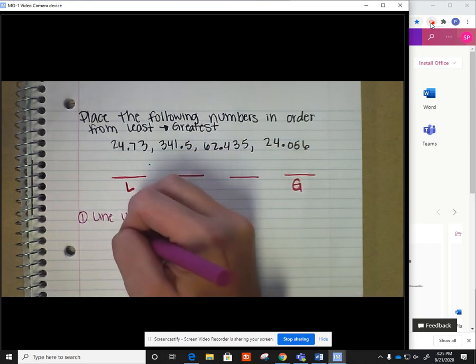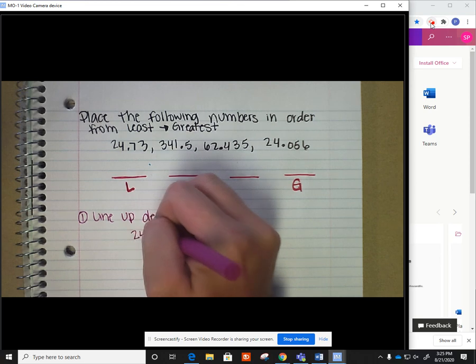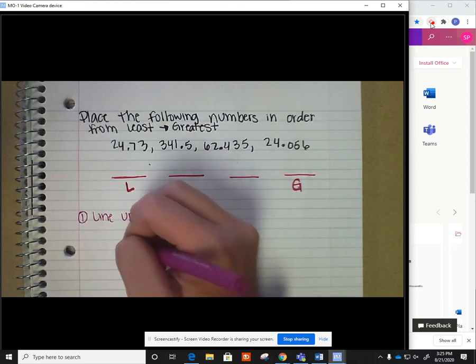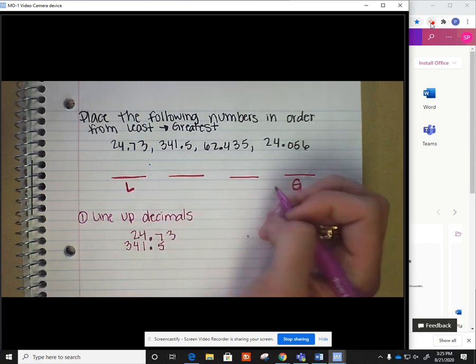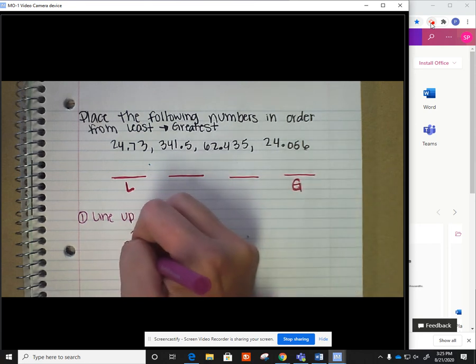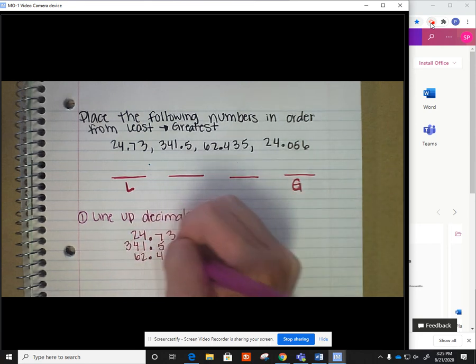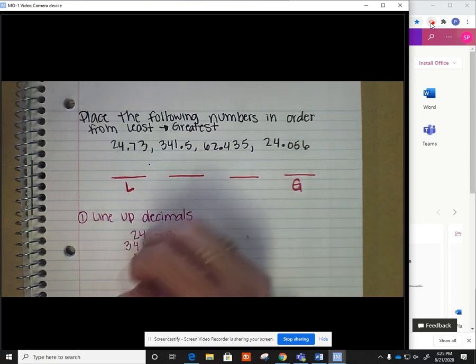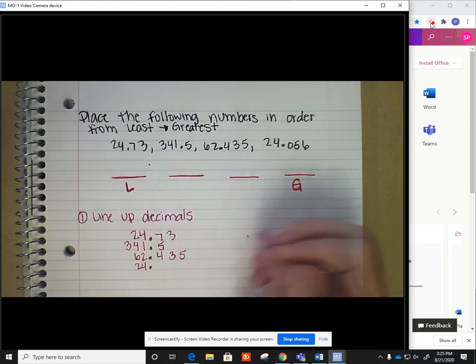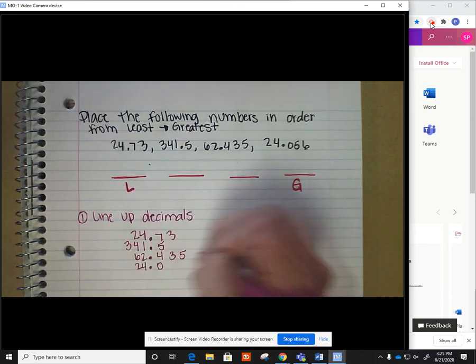So we have 24.73, 341 and 5 tenths, 62 and 435 thousandths, and then 24 and 56 thousandths.